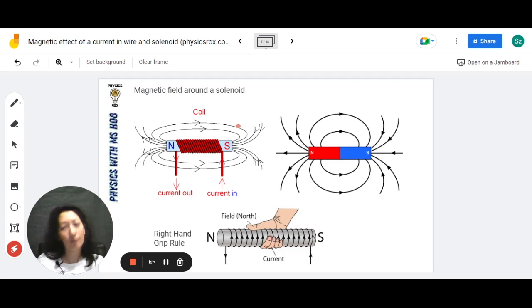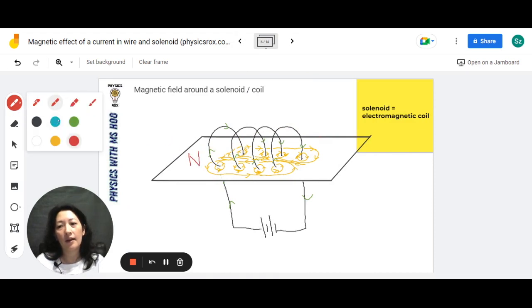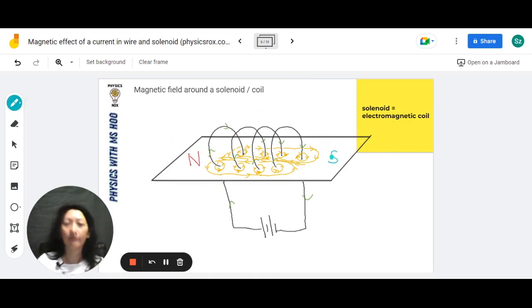Very simple. We know, based on permanent magnets, magnetic fields flow from north to south outside and south to north on the inside. So for example, if we backtrack, it flows outside this way and inside this way, that means that this side is north and this side is south. So solenoids also have north and south poles.